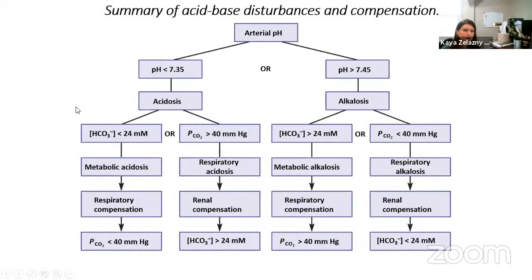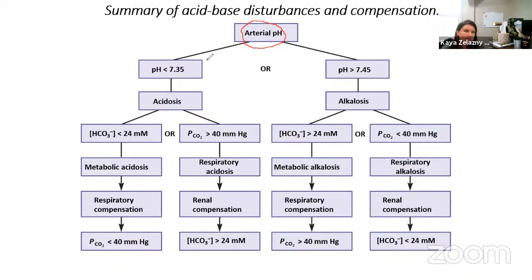So we will practice this later on, basically using this chart. This is kind of a primer to what we would look at if we're looking at this chart. It basically summarizes all these different mechanisms we've been talking about. So we start out by measuring our arterial pH, right? Just the pH of plasma.